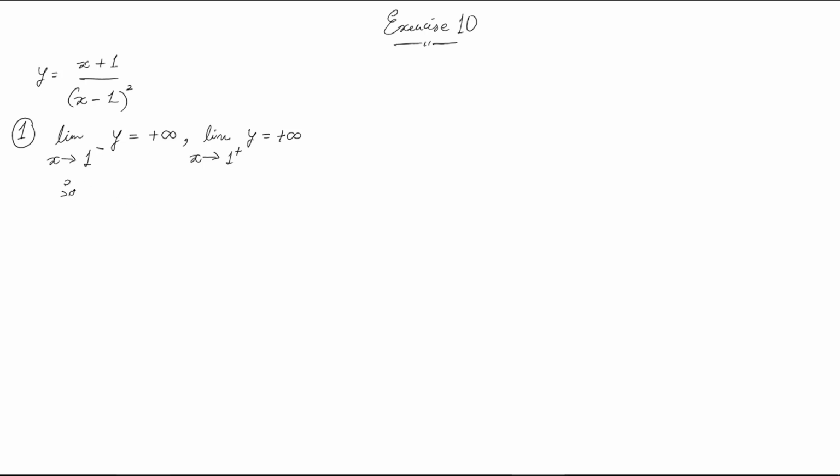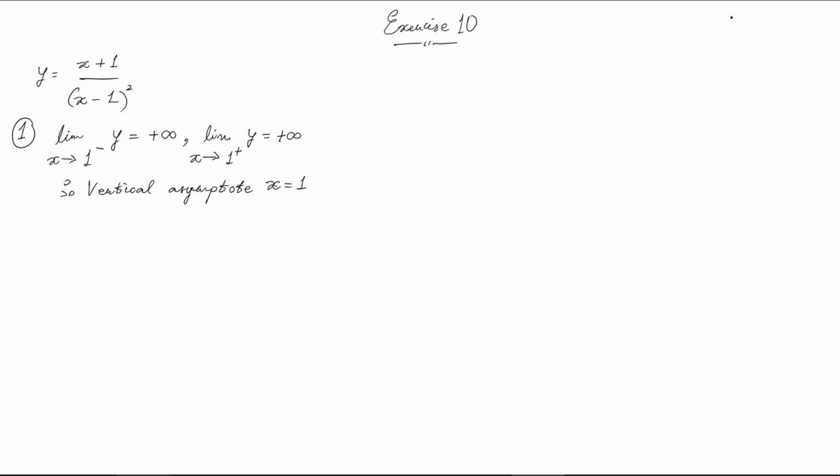But the most important thing is we already obtained the conclusion for the vertical asymptote, which is x equals 1.